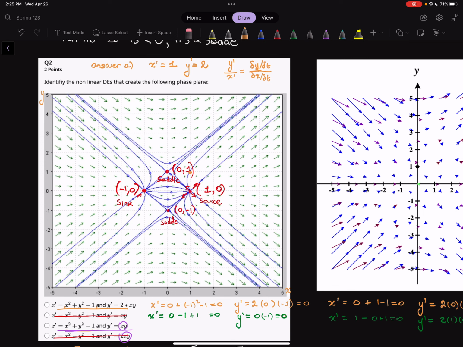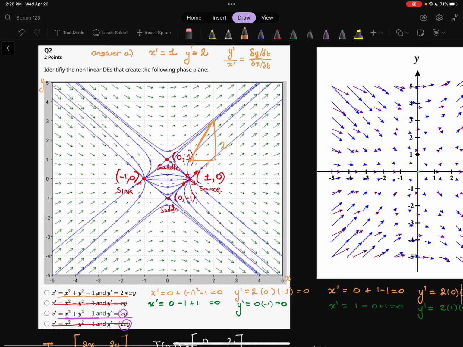So what we get is that for 1 in the x, I'm going to move 2 in the y. So this would be a 1 and this would be a 2. And my arrows should be pointing in this direction. Now they don't. So that makes us think that it's the third one.